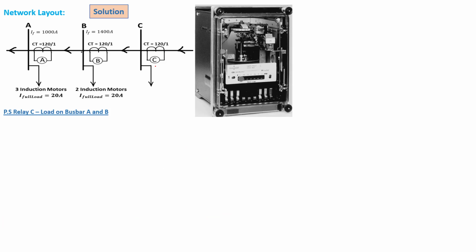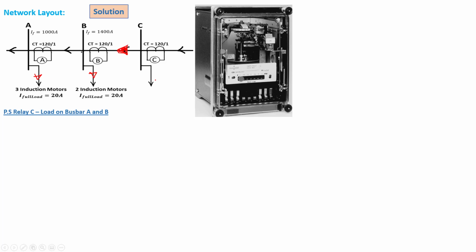Right, now we can go ahead and find the plug setting for the relay at C. Now the relay at C, as we know per the problem statement here, is protecting bus bar A and B. So the overload or the normal load condition that this relay is going to see will be the maximum current that will flow from this point. And this current will depend on how much is being pulled here and how much is being pulled there.